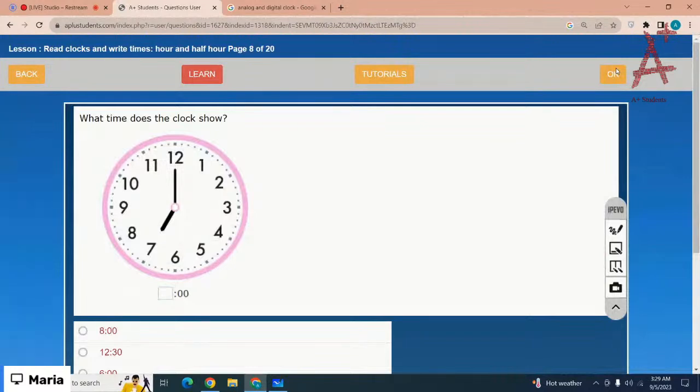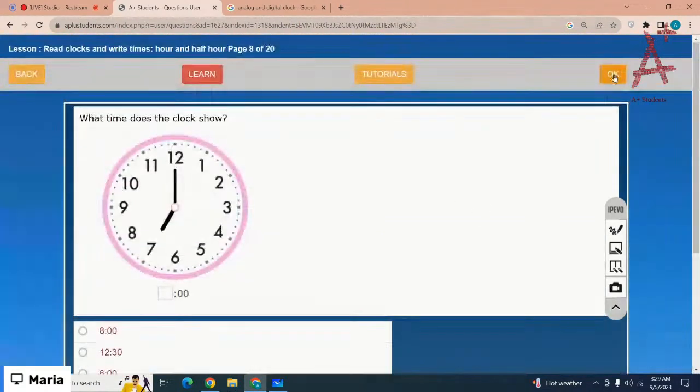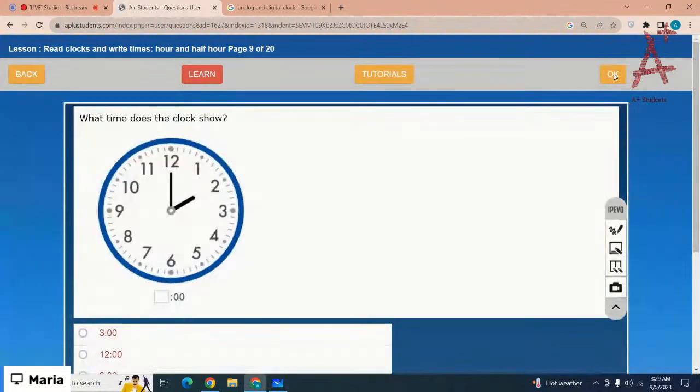What time does the clock show? Which is the correct option? The clock points to 7, right? That means it is 7 o'clock or 7 hours 0 minutes, right? What time does the clock show? Which is the correct option?